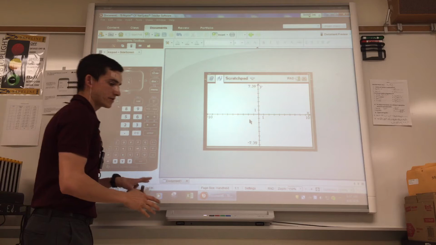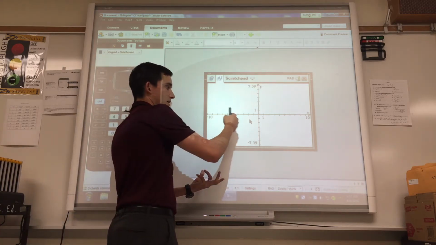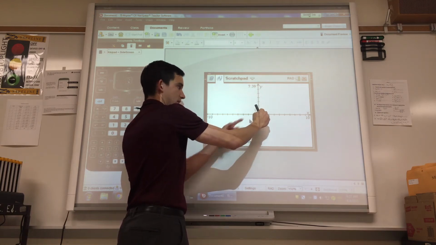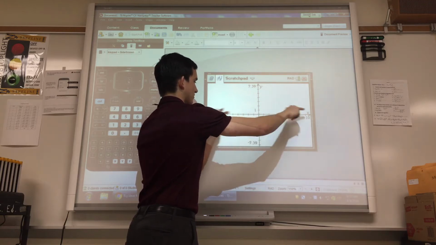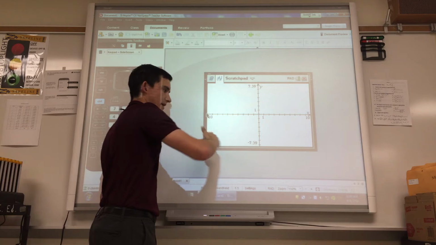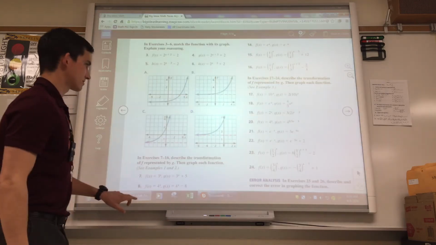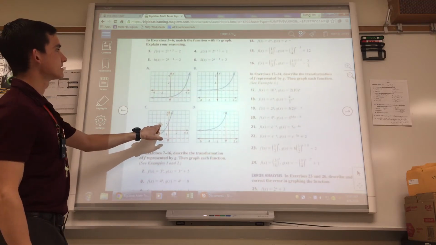Other than that, everything is based on the fact that all of these are going through the point 0, 1, and they all have an asymptote right here at y equals 0. As it approaches y equals 0, x starts going out to negative or positive infinity.